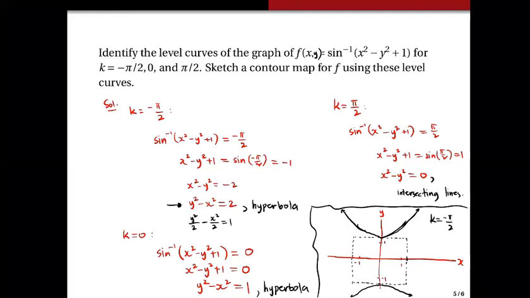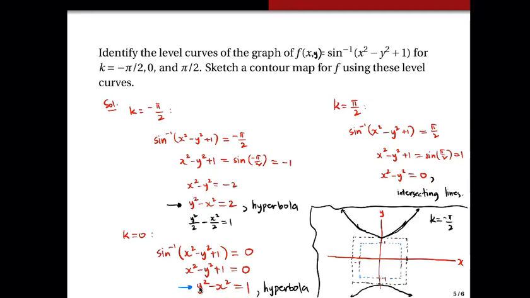Now let me use blue for this guy here. We have the standard. So this is 1, 1, or 1, negative 1, negative 1, 1. And again, the positive part here, it's y.